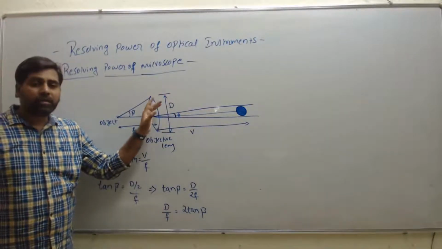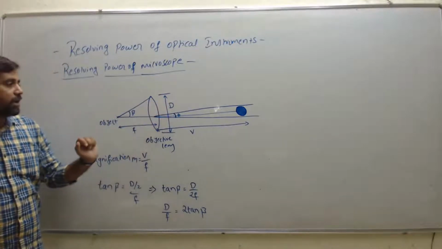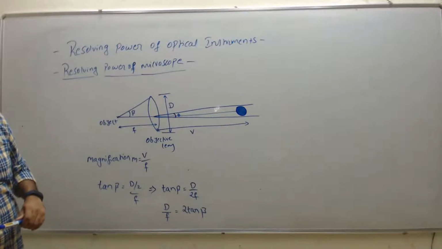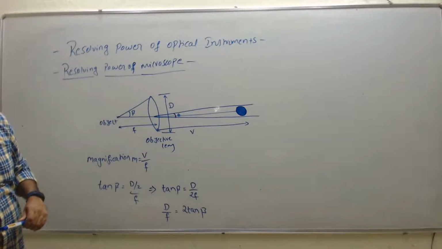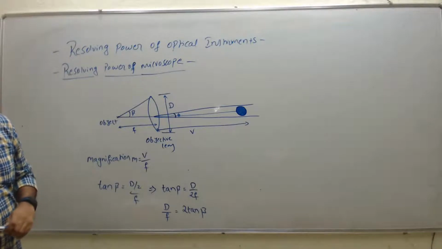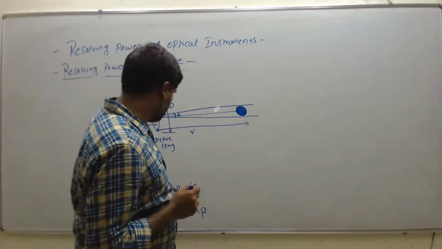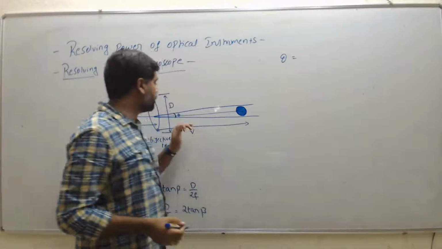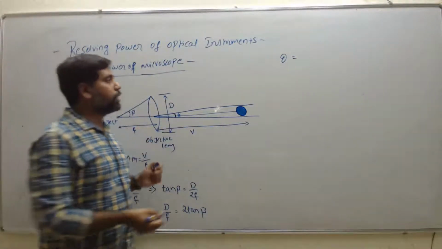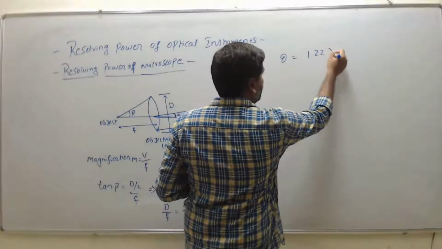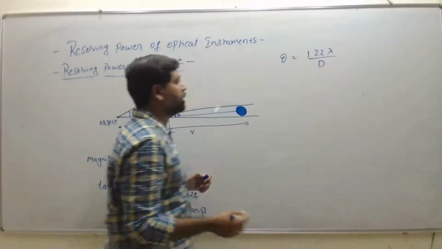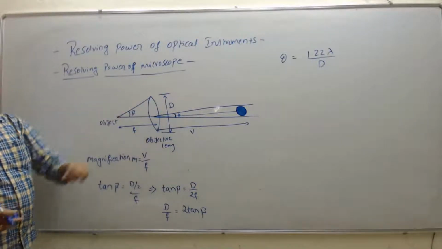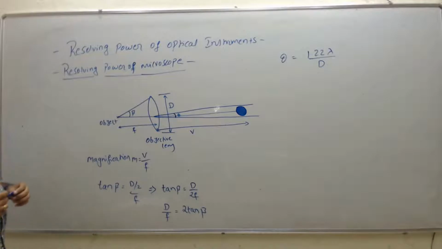Here we have taken the distance as D, hence we can write the angular separation theta is equal to 1.22 lambda divided by D. So this theta is equal to 1.22 lambda divided by D.